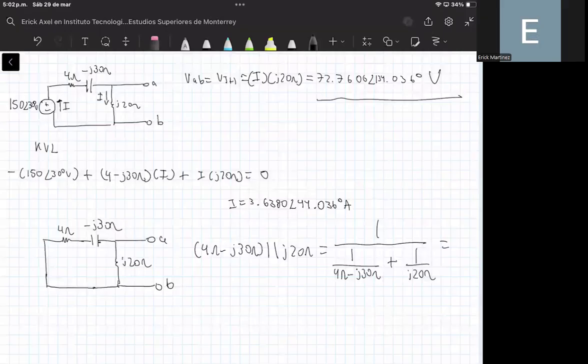And this is equal to 9.4117 plus 22.3529 J ohms.